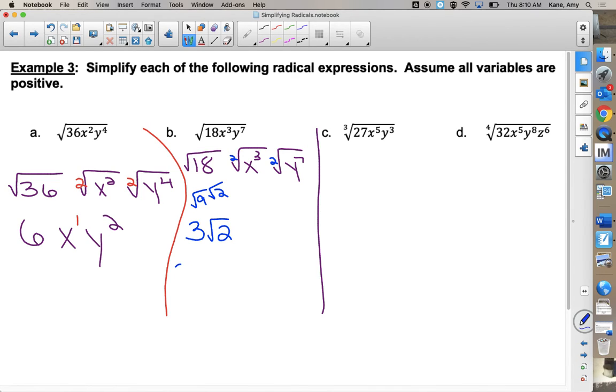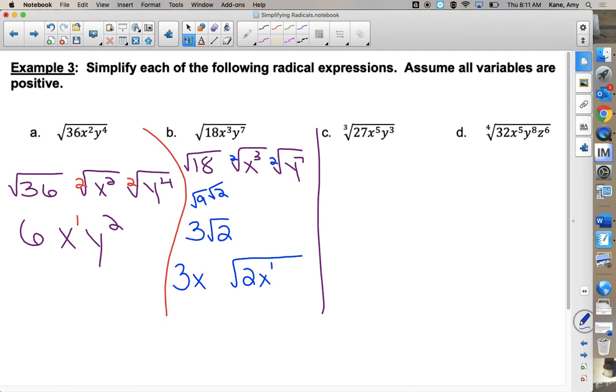Okay, so he said you pull out an x because 2 goes into 3 one time. And then what's your remainder? 1. So whatever is a remainder, whatever is left after you divide, goes underneath the square root. So I'm going to have 1 power of x left over.